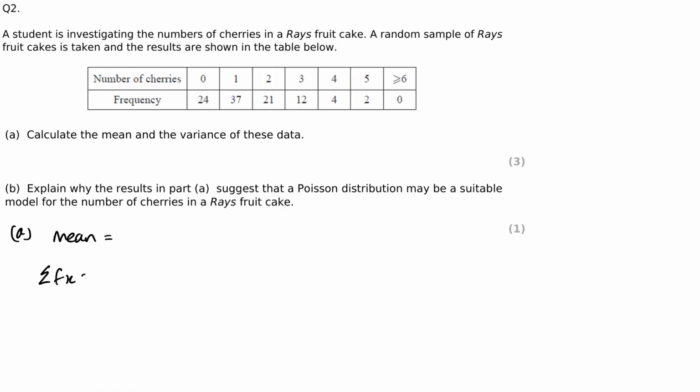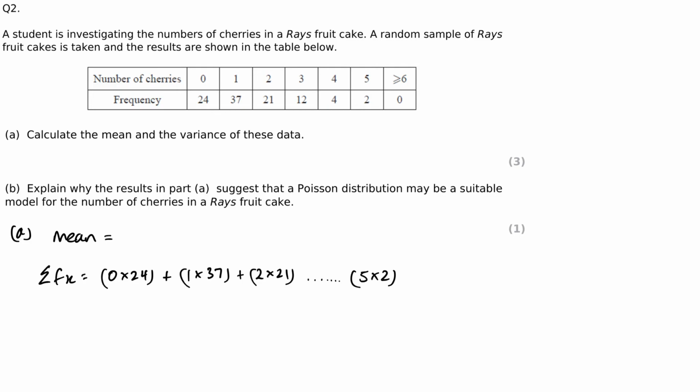So that's what I'm finding first of all. I've got 0 times 24 plus 1 times 37 plus 2 times 21, and so on all the way up to the 5 times 2.